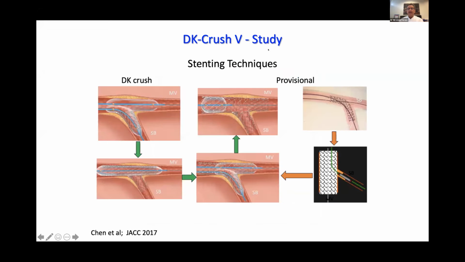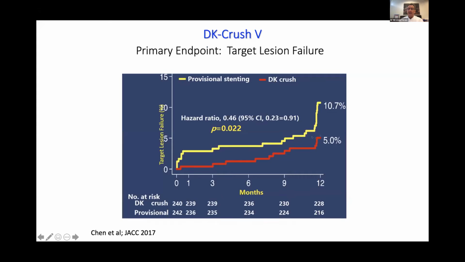And from the DKCRUSH-V study, comparing DK crush and provisional T-stenting, again there is a clear benefit for DK crush. In provisional stenting, there is some increase of events in the first few days, while in DK crush there is a really stable curve, ending at 5%.